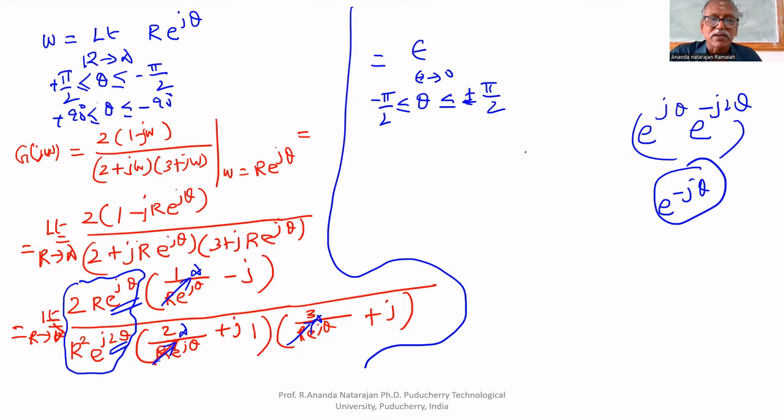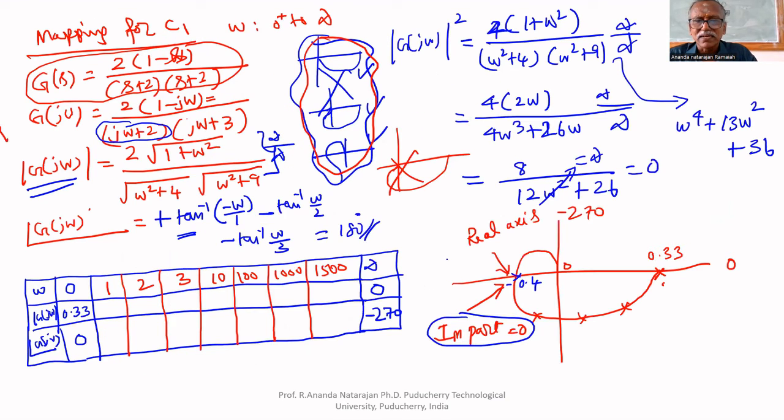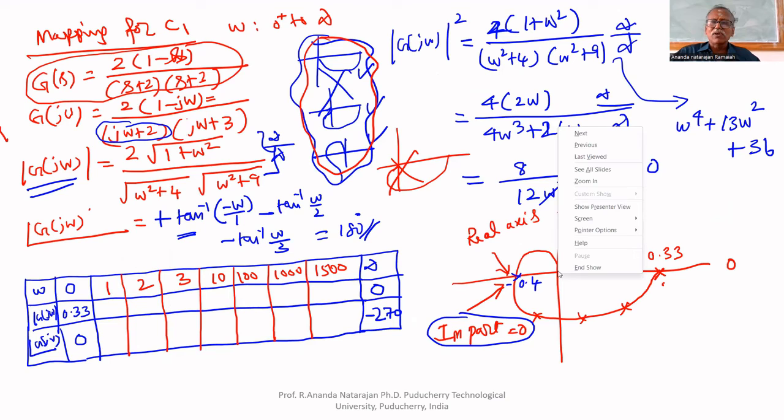That direction is important. This point is rotating from minus pi by 2 to plus pi by 2. Like that it is rotating. But anyhow, the magnitude is 0. That's why it remains at this point, but angle only varies.